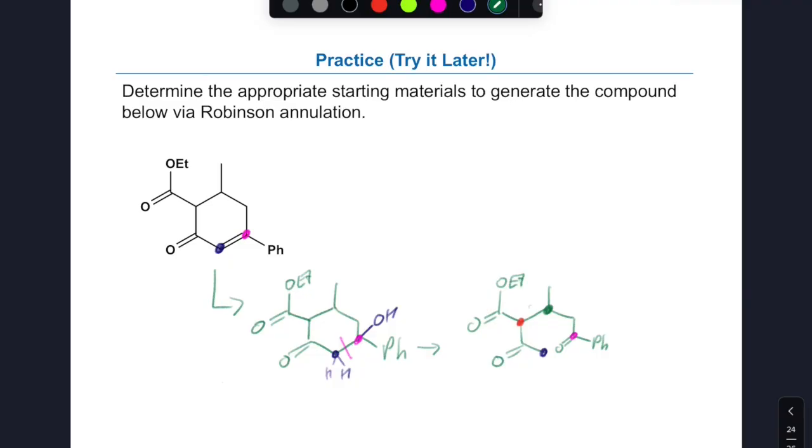So if I was to fragment that bond, we go back to our 2 pieces like this, O-ethyl, and then this part would just become the alpha beta unsaturated system like this.